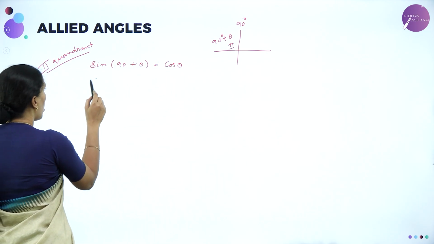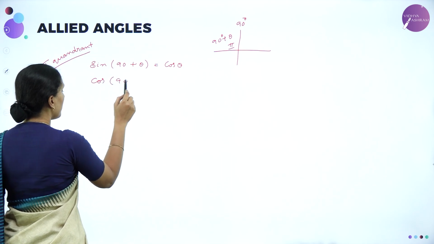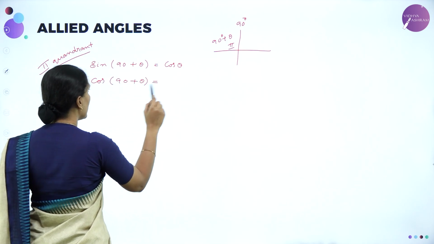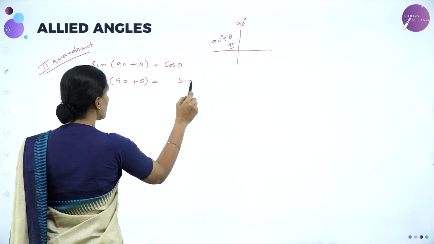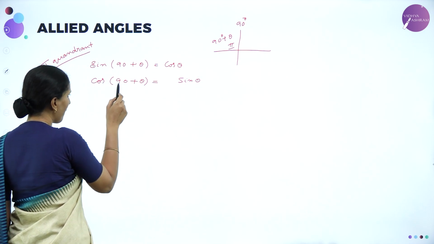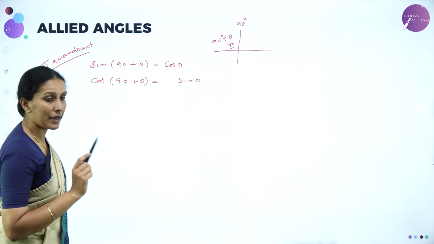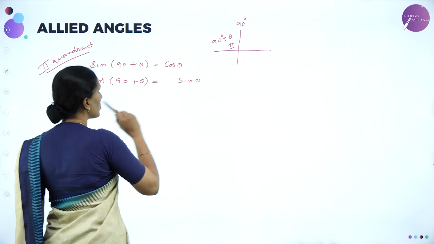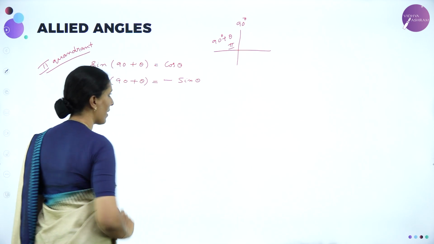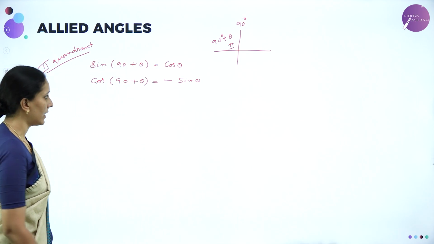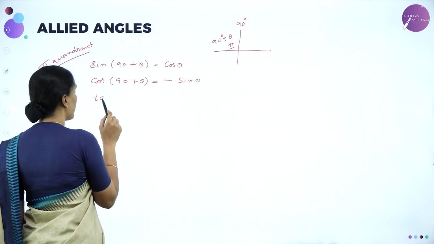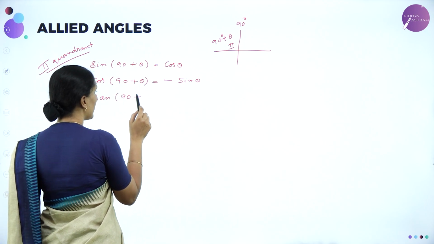So next, cos 90 plus theta means it is sin theta. Function should change according to the rule. When you are having 90 plus theta, function should change to co-function. But let us see the sign. Your cos function is negative in the second quadrant. So minus sin theta.